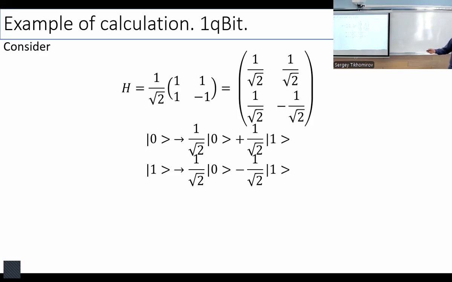Basically, it sends 0 to the sum of 0 and 1, and 1 to the difference of 0 and 1, with a proper coefficient because we need to keep vectors unitary. You can check that those vectors are orthogonal. This is important, so you cannot get non-orthogonal vectors here.